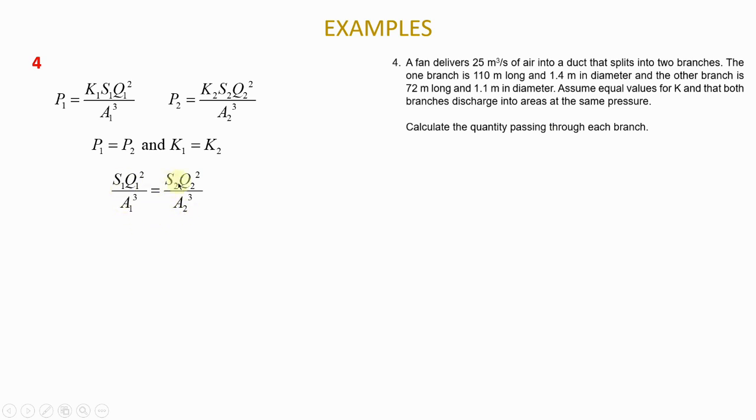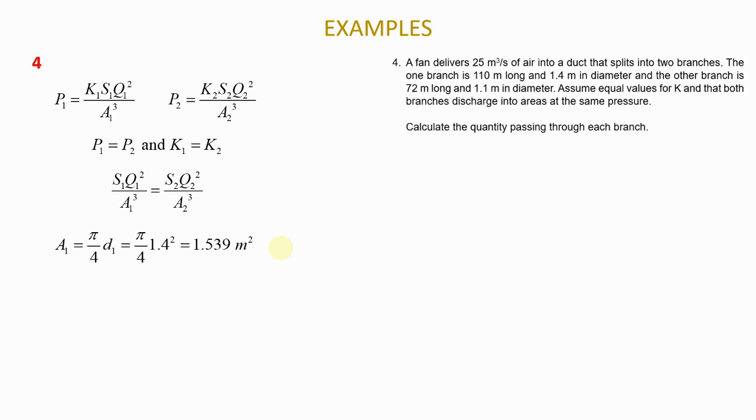A1 is easy to find. It's the cross section of the first branch, the one that is 110 meters long and has a diameter of 1.4 meters. Since we have the diameter, it's easy to find the cross section. We will just apply the equation for a duct that has a circular cross section, basically the area of a circle.